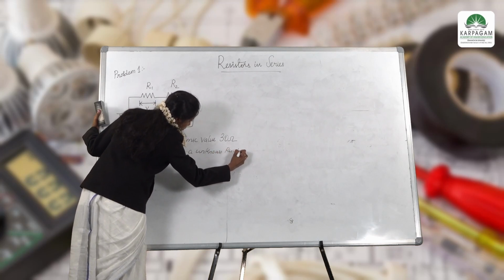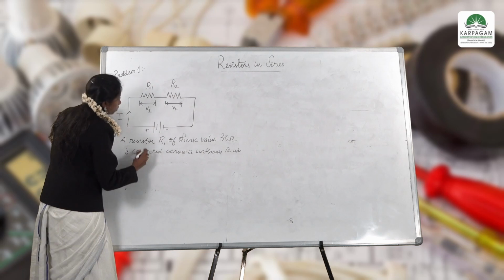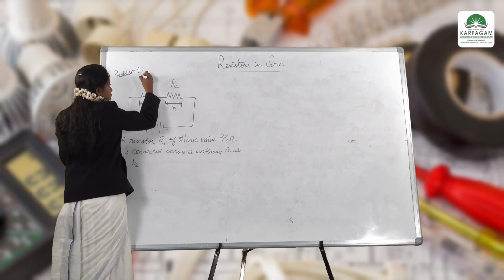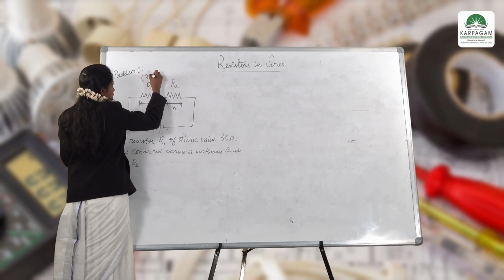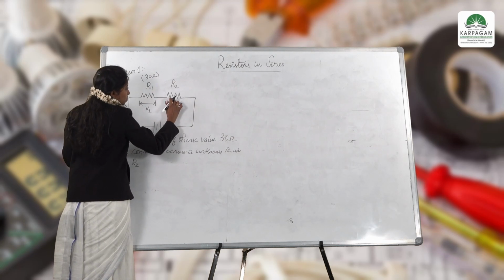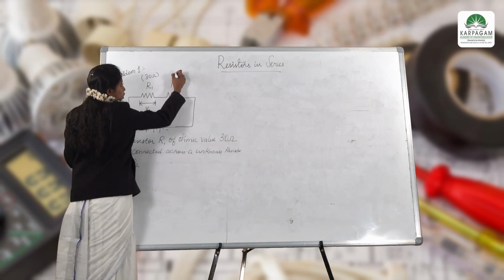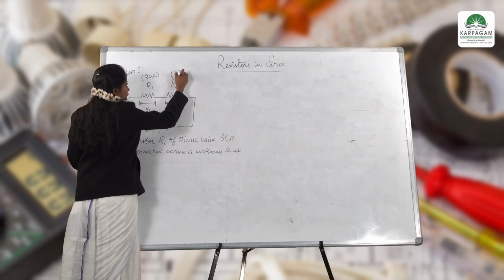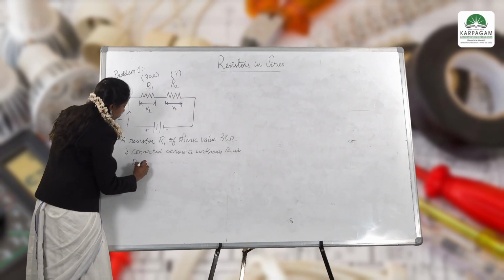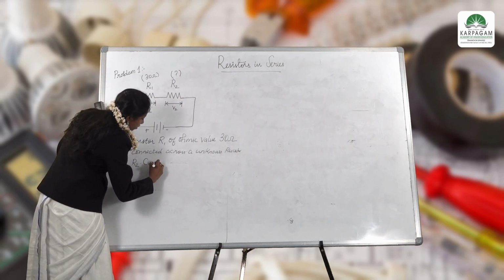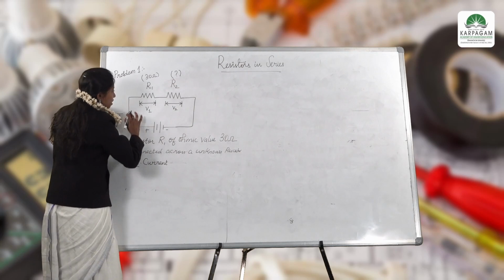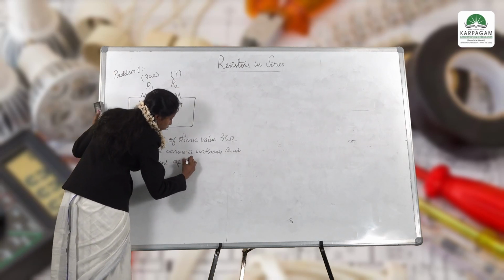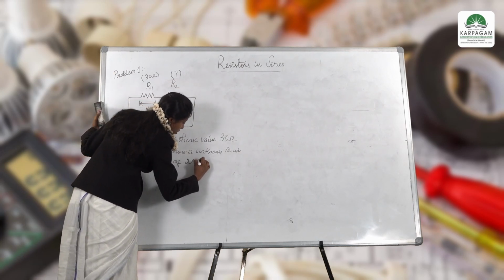The unknown resistor value is R2. So this is R1 and the value of R1 is 30 ohms, and it has been connected in series with the R2 resistance. I don't know the value of R2, so this is the value I need to find out. And a current of 2 amps is passing through the circuit.